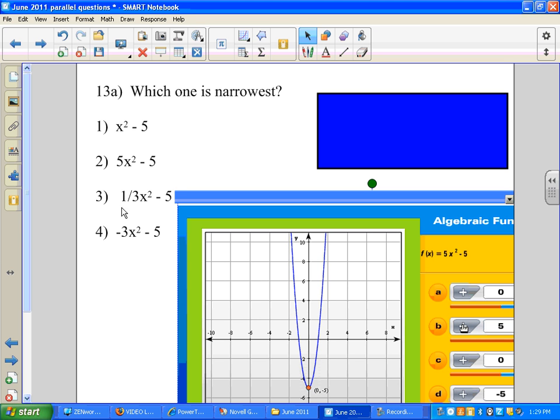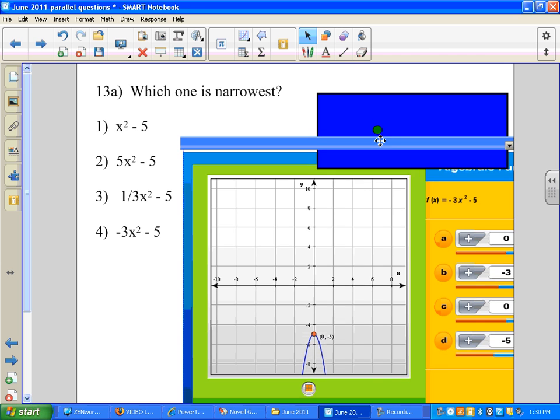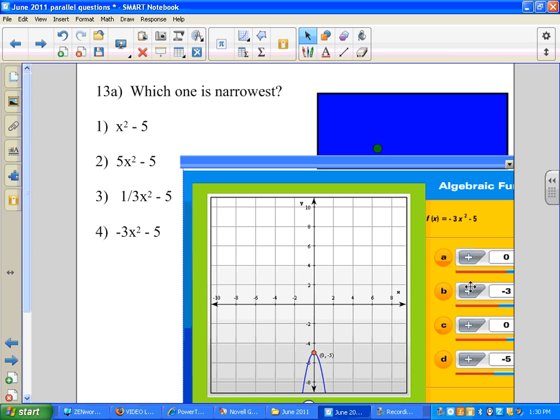But let's check to see what happens when we put a decimal in there. I'm going to use just an approximation. That's fairly wide. What if I go to a negative number? We see that that turns upside down and is narrower, but is not the narrowest.